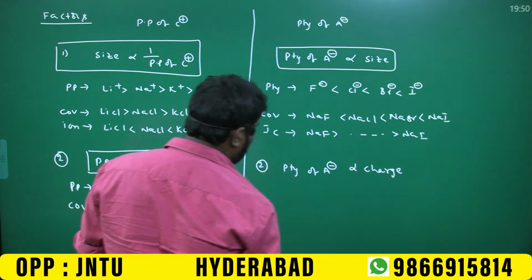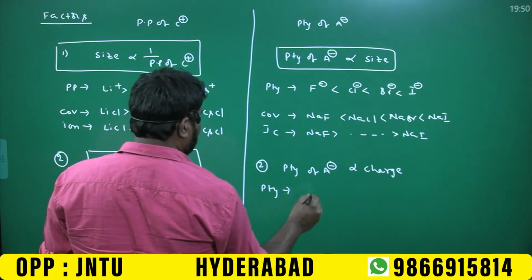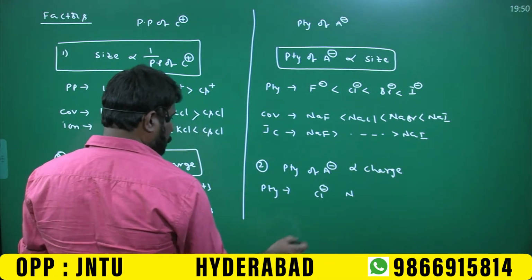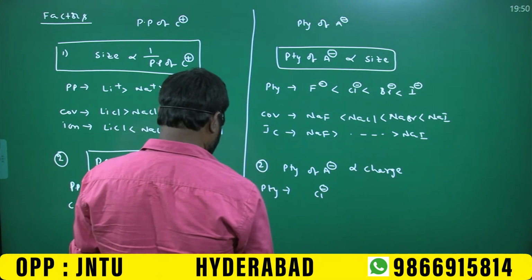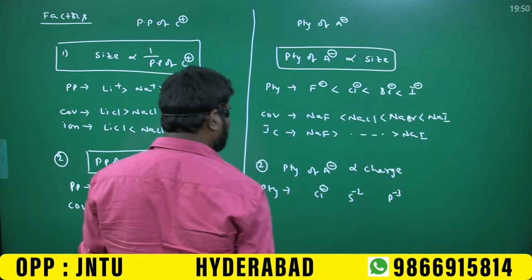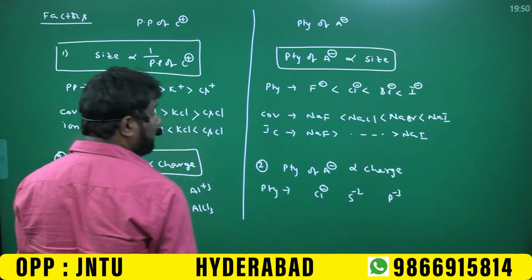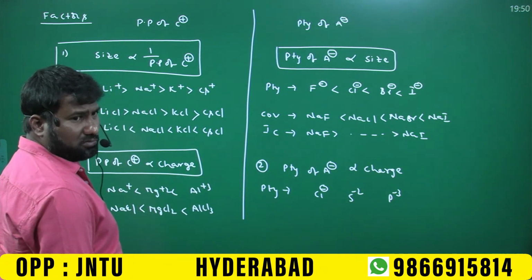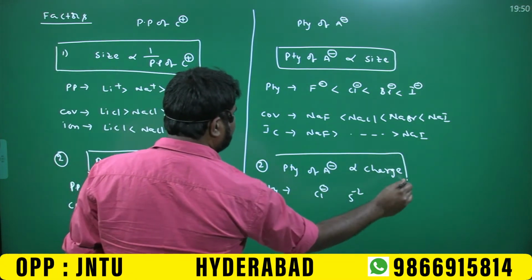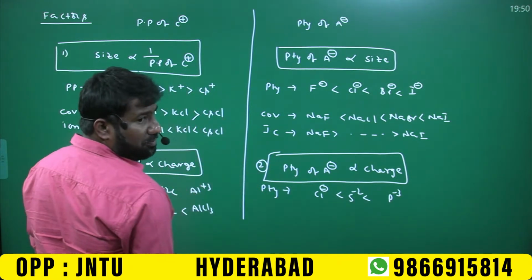For polarizability, if I have Cl minus, S minus 2, P minus 3, which has more polarizability? P minus 3. Directly proportional to charge. Cl minus less than S minus 2 less than P minus 3.